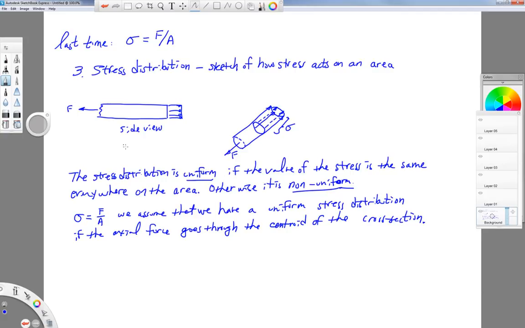Let me give an example of a changing cross-section, but still an axial stress distribution, uniform stress distribution.